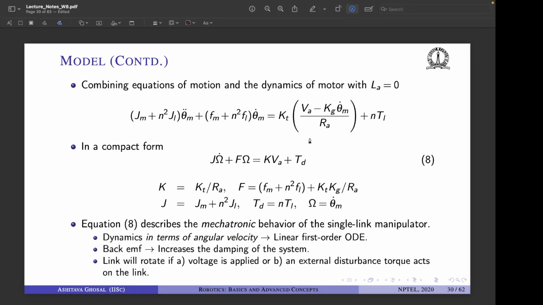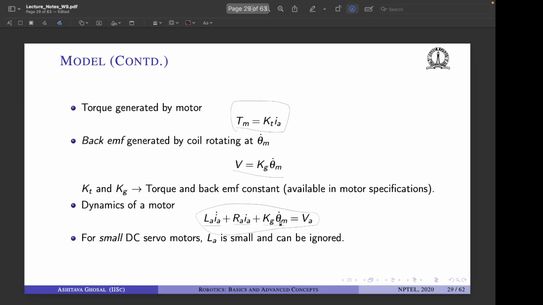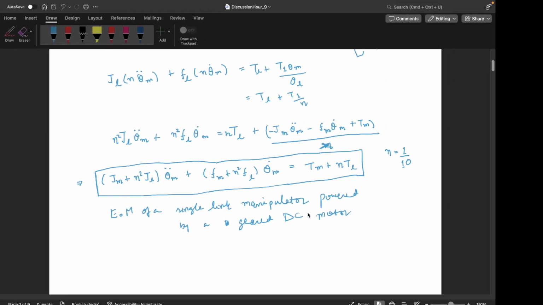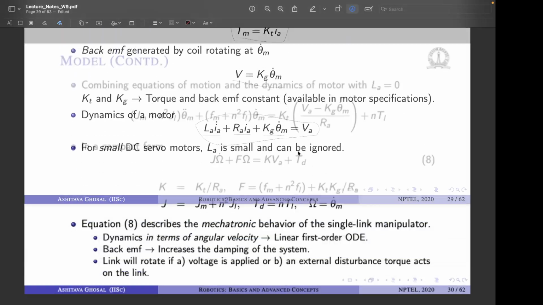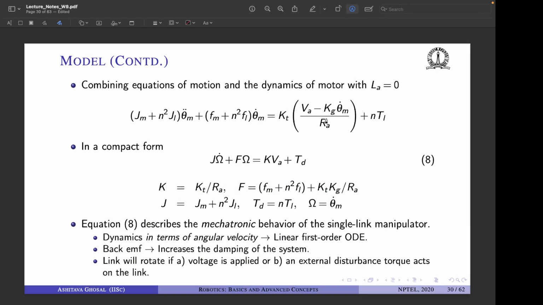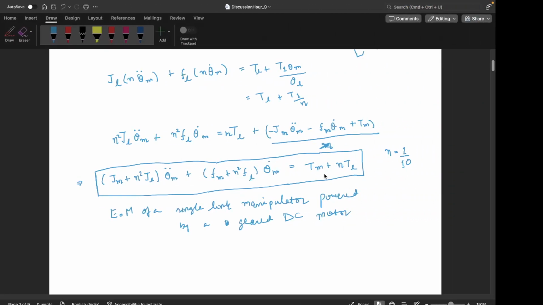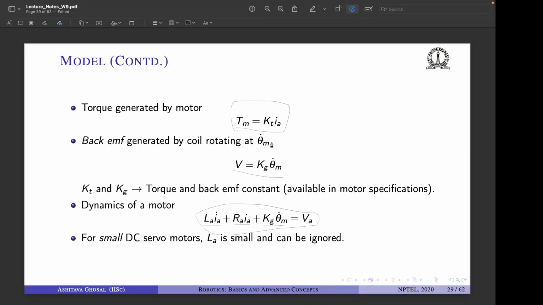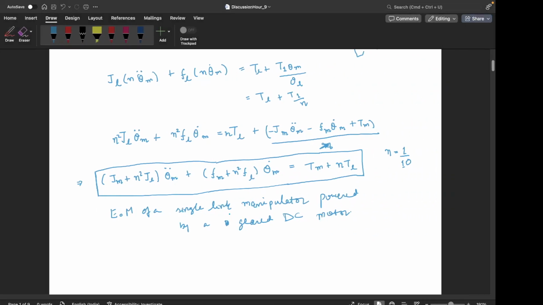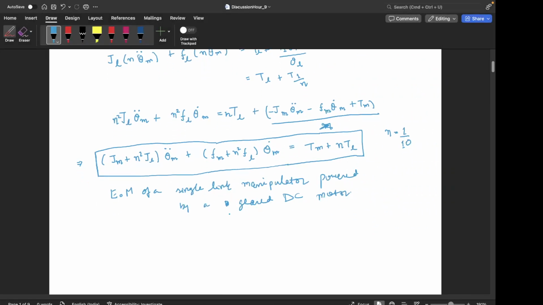So what we can do next is, in this equation we have Tm, that is the torque from the motor, and this Tm can be replaced using this relation Kt times Ia, where Ia can be found out using this equation. So let's do that.